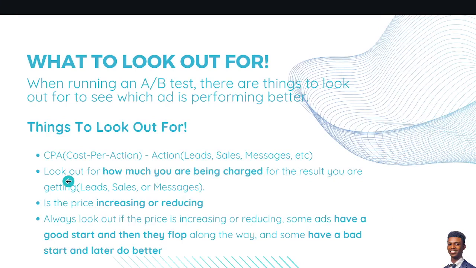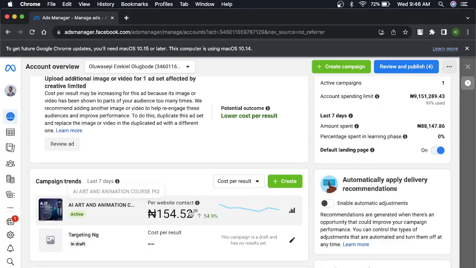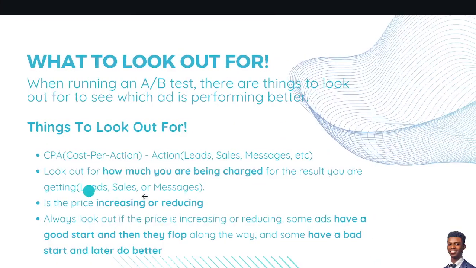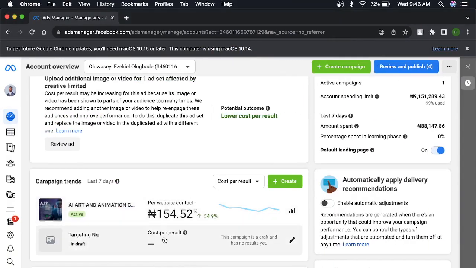Now, you look out for how much you are being charged for the result you are getting. That's exactly what I'm saying. How much you are being charged. So they also call it cost per result, but this one is more detailed. Cost per website contact. So this is what they call a conversion ad. If I was running a traffic ad, it would be like 20 naira or 30 naira.